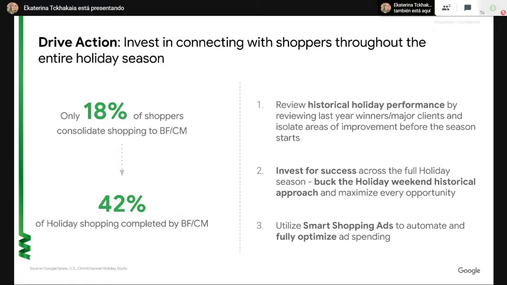Invest for success across the whole holiday season. And also, what could really help is using smart shopping campaigns, because you could automate your campaign management and also focus on the more strategic management during this important period.